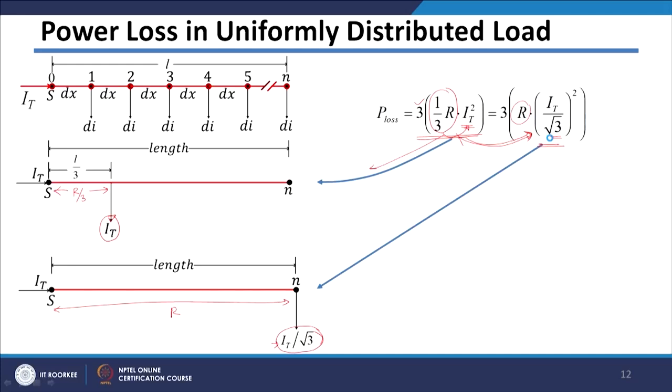So, for power losses we need to lump load at different locations, and to calculate voltage drop we need to lump loads at different locations. So, if you lump the load at some location for voltage drop calculation, they will not give your power loss accurately, or if you lump the load for power loss calculation, they will not give your voltage drop accurately. So, to get both these values accurately, we need to lump these loads at two different locations.